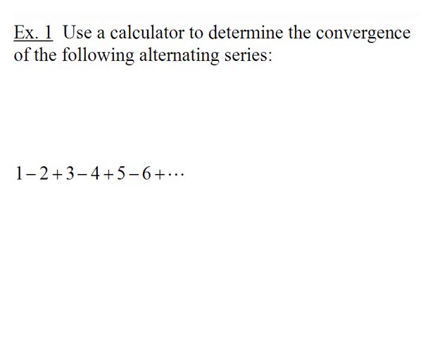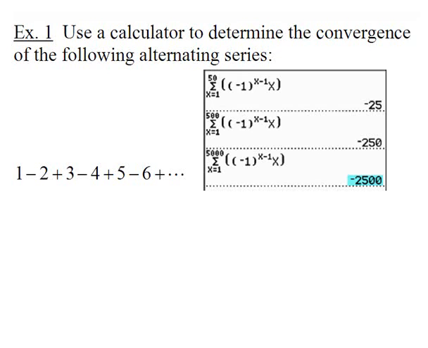For the second series in this example, the partial sums I found on my calculator appear to diverge. Let's take a look at the first few partial sums without using a calculator. The first partial sum is just the first term, 1. Subtract 2 from that to find the second partial sum.